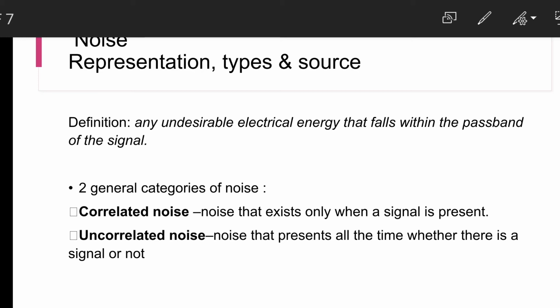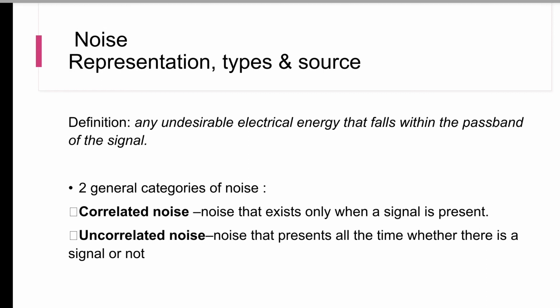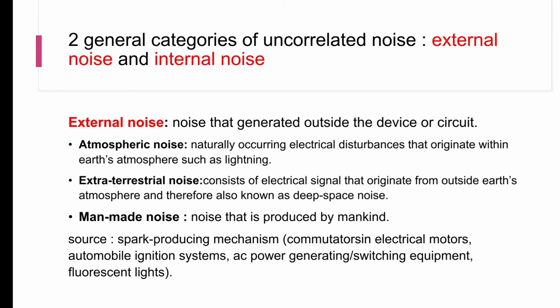Atmospheric noise is a naturally occurring electrical disturbance that originates within Earth's atmosphere, such as lightning. Extraterrestrial noise consists of electrical signals that originate from outside Earth's atmosphere and is therefore also known as deep space noise.